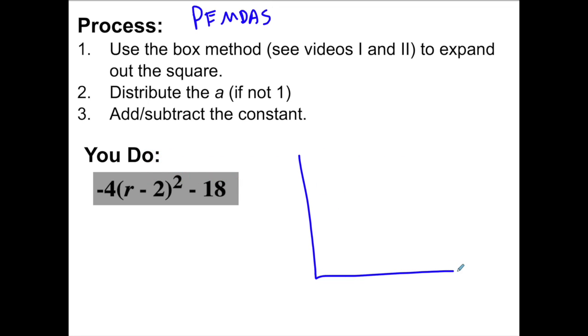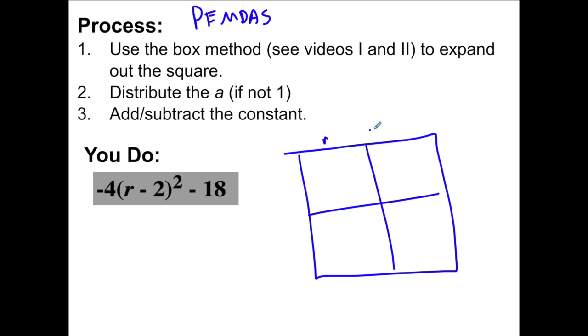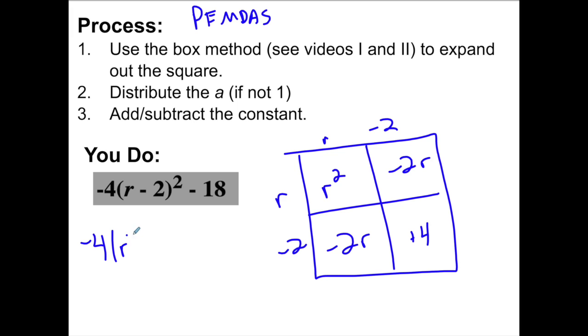All right. So again, here we go. We'll start with the box. So we got r squared minus 2r minus 2r plus 4. So I'm going to have negative 4 times r squared minus 4r plus 4, minus 18.